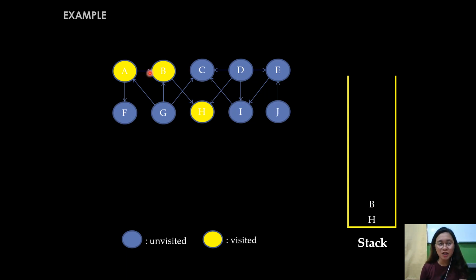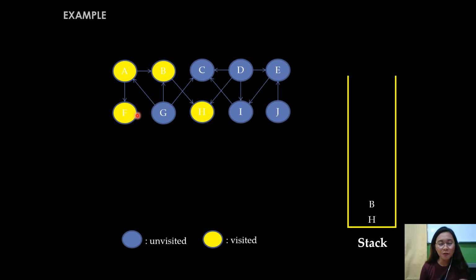And move back to vertex A. Now, vertex A has its unvisited vertex, which is vertex B. So, we're going to visit this F by marking this one.